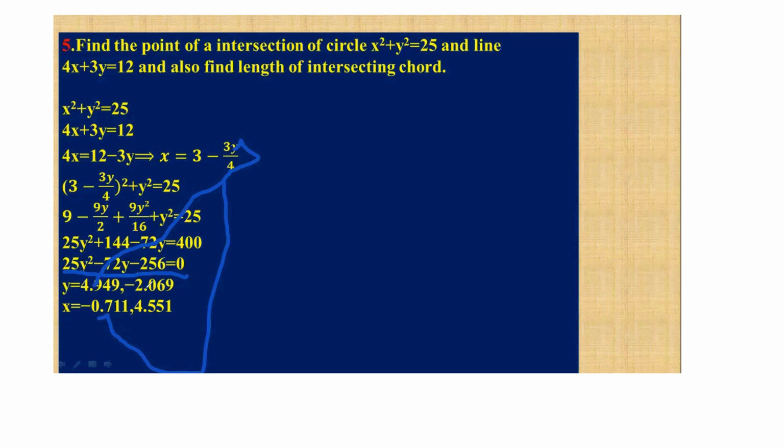And when you substitute the other value of y, you'll get 4.551. These are the intersection points of the equation of the circle x squared plus y squared equals 25 and 4x plus 3y equals 12.